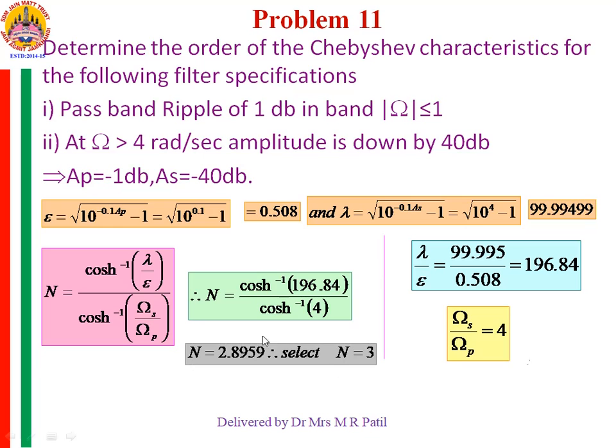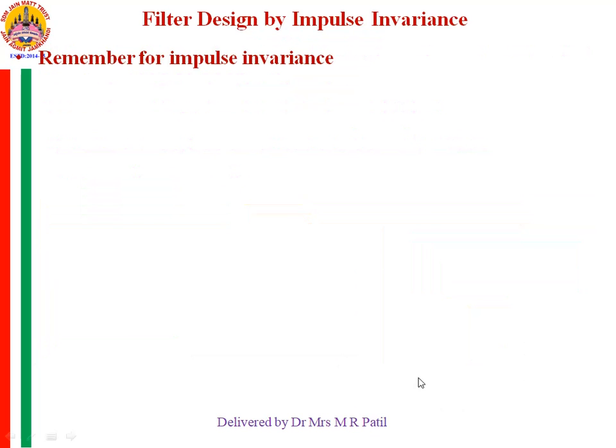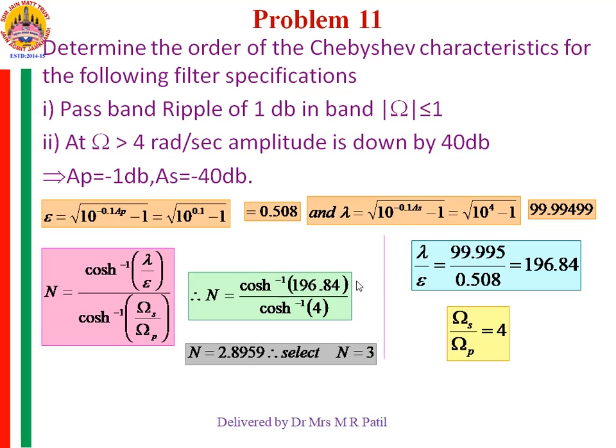So if you select n equal to 3, I have not continued with the solution of it. I think the rest you can do, finding the pole location, and omega_P is given as 1 radian, so prototype is not required. Only the 3 pole locations you have to find out. How do you find?